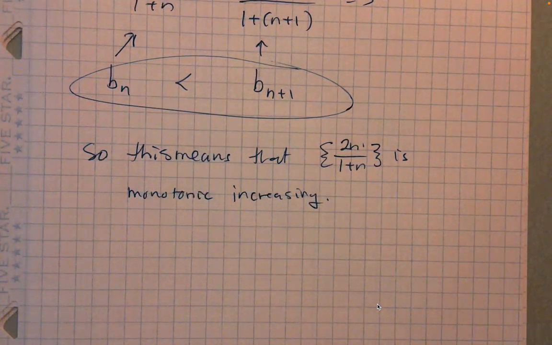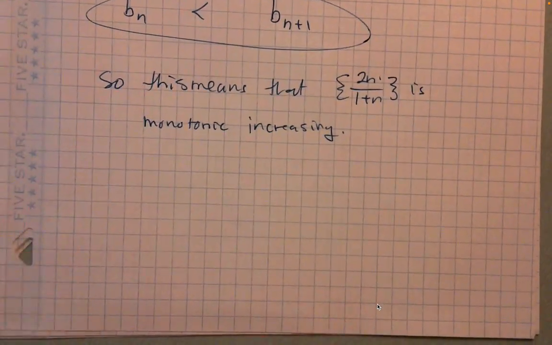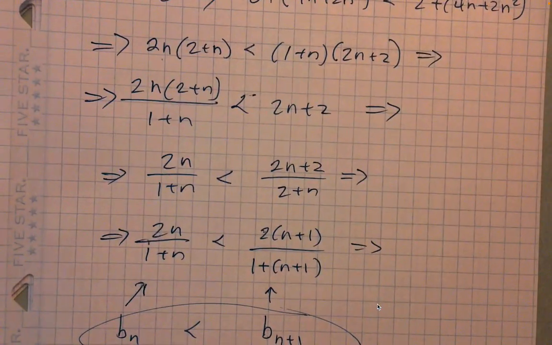There are two flavors of monotonic: monotonic increasing, which is this case where the terms are always getting larger, and monotonic decreasing, the reverse, where the terms successively grow smaller. This would be a monotonic increasing sequence, and we just showed that using this sort of argument.